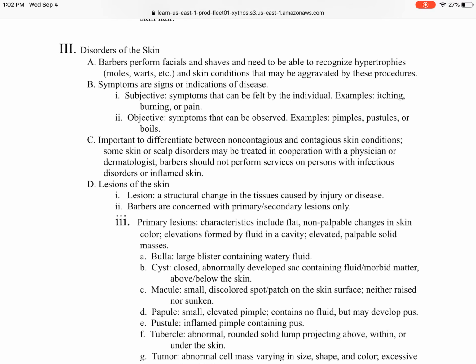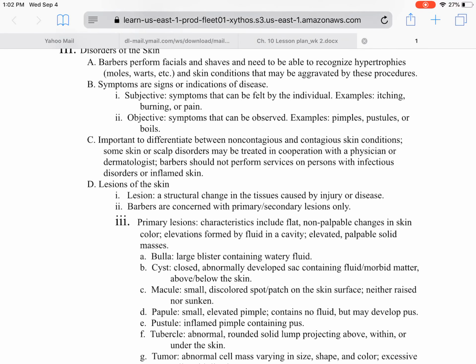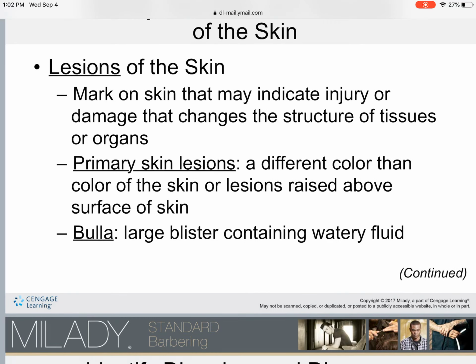I'm going to go over a few. Primary skin lesions are lesions that are of a different color than the color of the skin, or lesions raised above the surface of the skin. Table 9.1 lists some primary lesions. I'm going to give you a few.